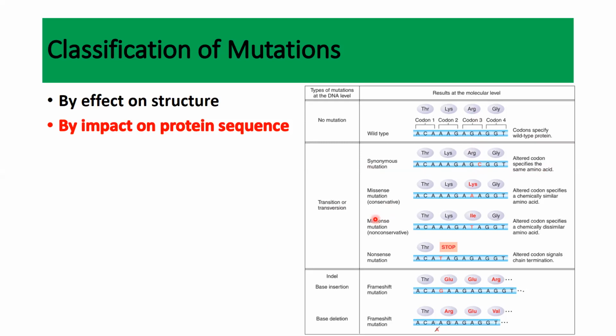Similarly, missense mutations. Missense mutations mean there is a change in codon, and this change in codon specifies a new amino acid. But still, this new amino acid belongs to a similar chemical group, or it carries similar chemical features as were carried by the last one.